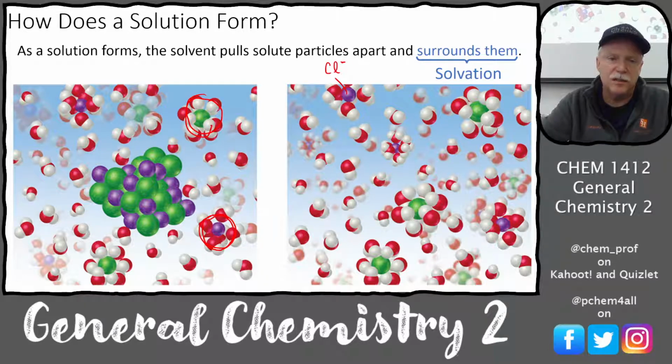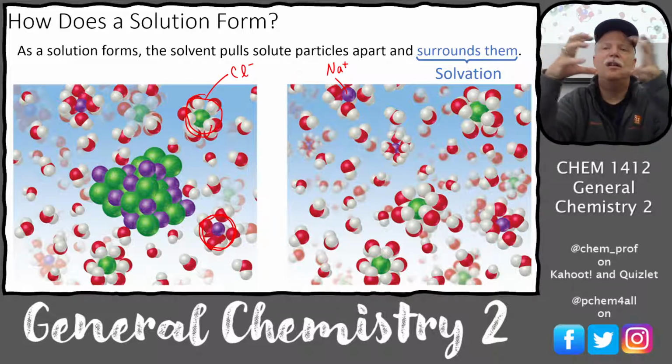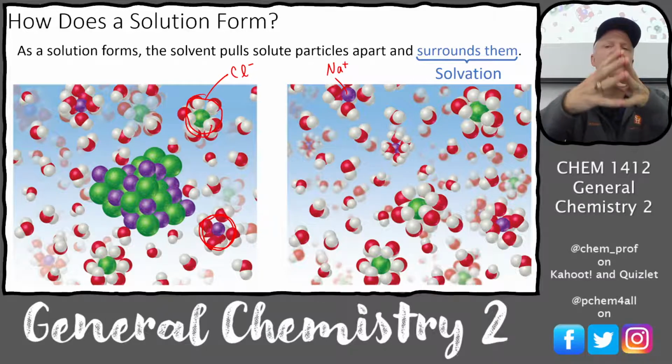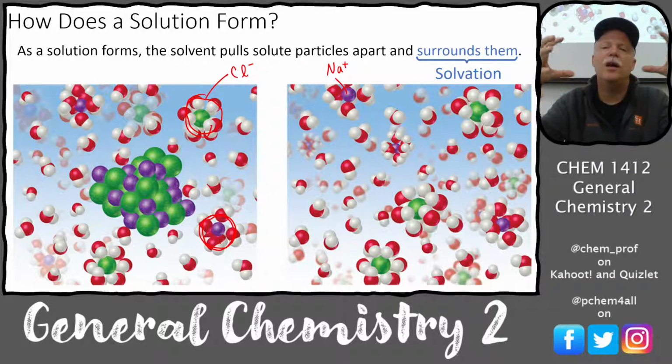No, that's a sodium, sorry. Let me erase that. That's a sodium cation. And this is a chloride here. And water is the solvent, and it has gone around those and clustered around those particles. And so that's what we call solvation. So the solvent is doing something. It's solvating the ions, and it's coming around and latching onto them.